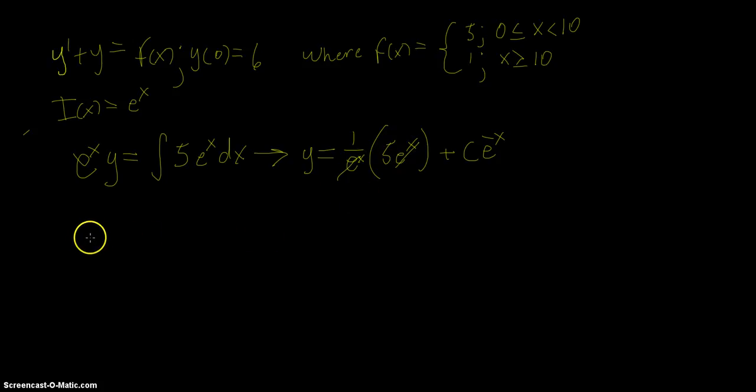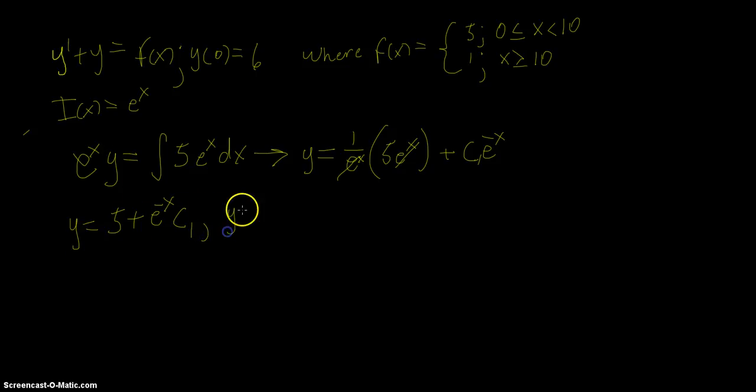and when x is between 0 and 10, we get y equals 5 plus e to the negative x times c. We'll label this c1. Y of 0 equals 6, so 5 plus 1 times c equals 6, so c equals 1.